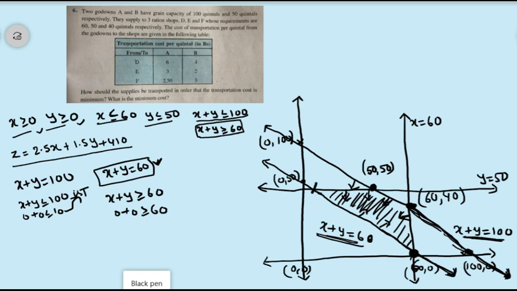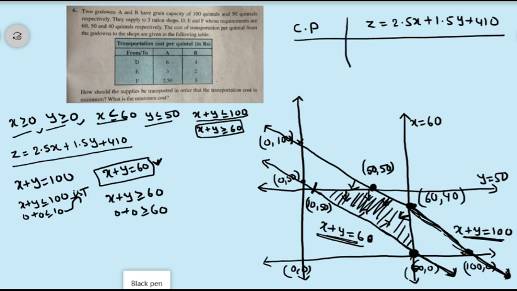This is the line y is equal to 50, substitute here, you will get x is equal to 10. That's why that corner point is 10 comma 50. So corner points, next objective function is 2.5 into x plus 1.5 into y plus 410.